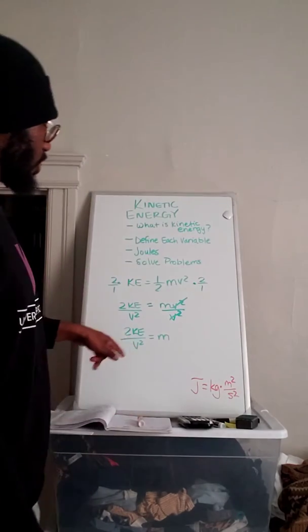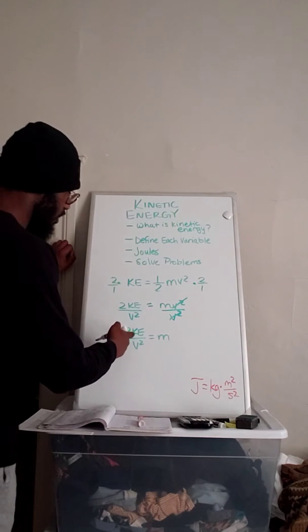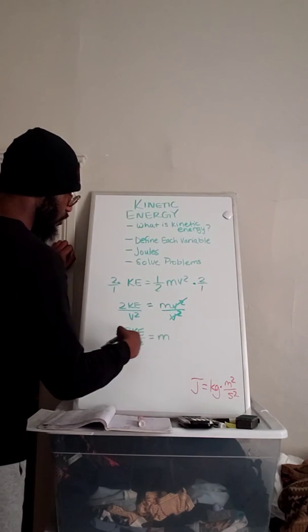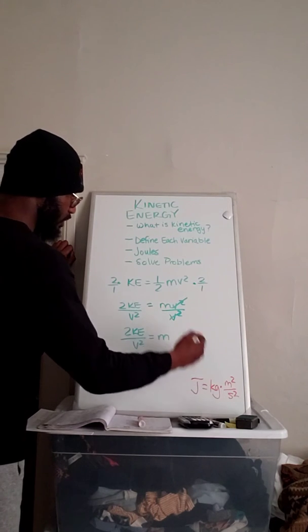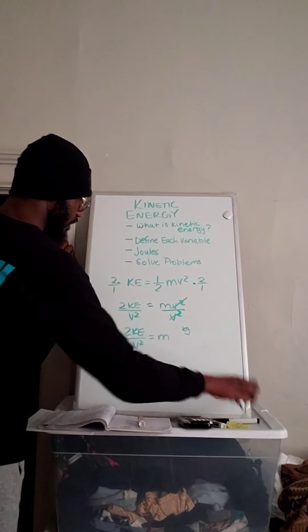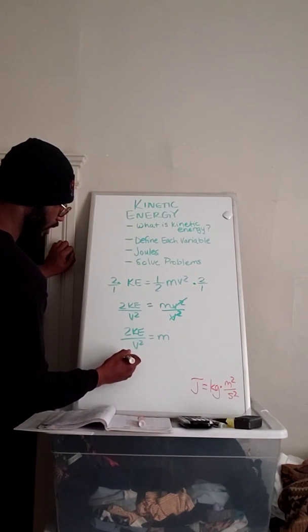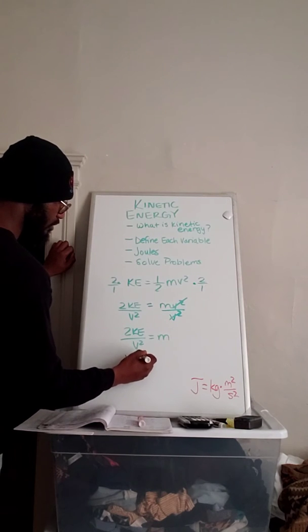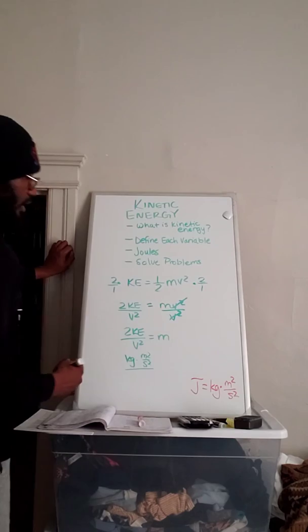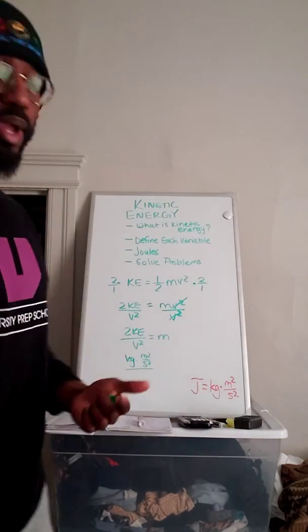All right. Now let's quickly look at the units and how that plays a role. So my kinetic energy is in a unit of joules. And I know a joule is equal to a kilogram times meter squared over second squared. All right. And then my velocity is V squared.